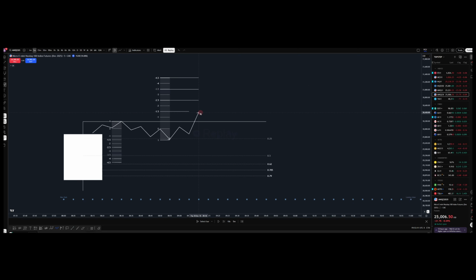So we have our breakout, 1, 2, 3, and then 4, 5, and we expand up to SD 2.5. So then everyone shorts this, thinking that's a manipulation, but the manipulation is this swing here, and we push back up. We flip this for support.